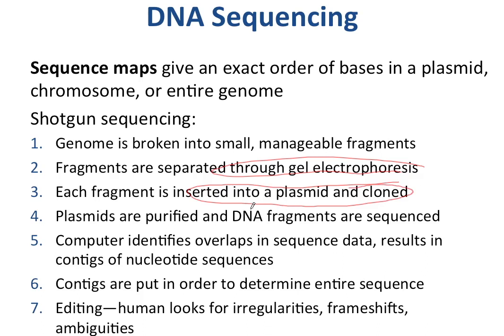Then we let the competent cells take up the plasmid and amplify the plasmid, because those plasmids contain the DNA fragment. And then we can use the sequencing machine to sequence the DNA fragment on the plasmid.